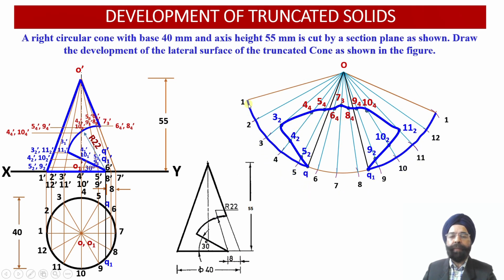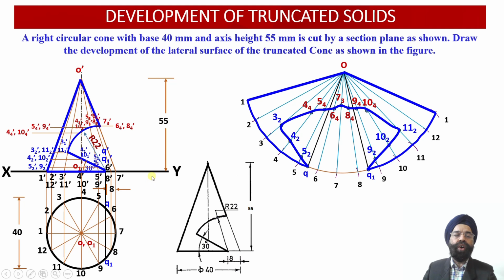So we can join the remaining portion of the cone over here. So these are the base points which have not been intersected by the cutting plane. And now O1 also we can join because we can check O-1 dash has not been intersected by this cutting plane over here. So this is how we are able to obtain the development of the lateral surface of the truncated cone, which has been intersected by 2 cutting planes over here.